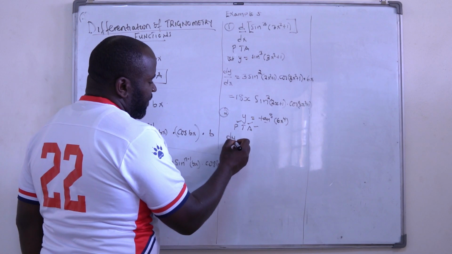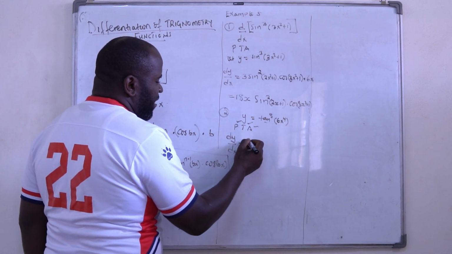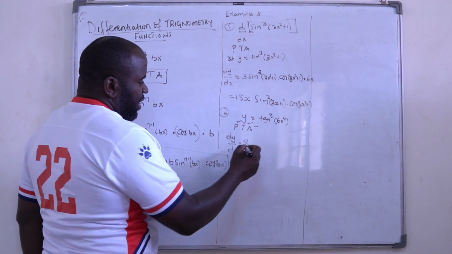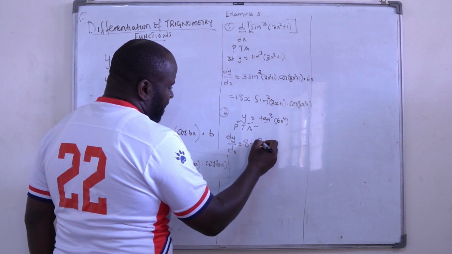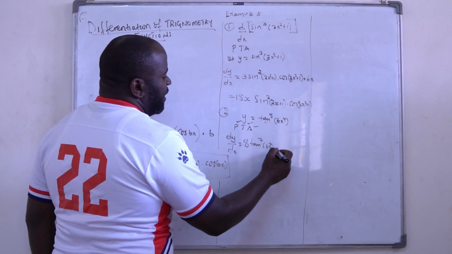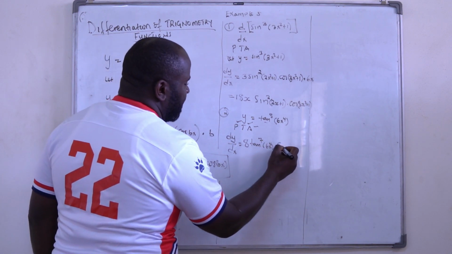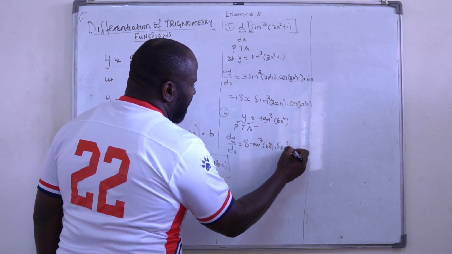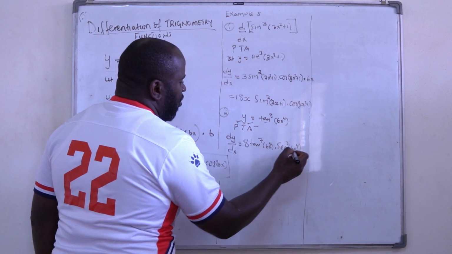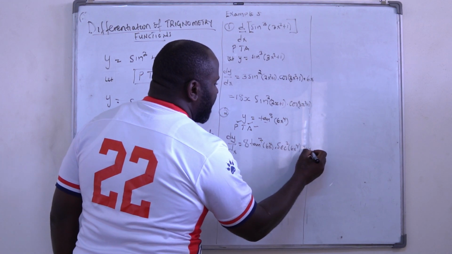So dy dx will be, first differentiate the power, you get 8. The power has reduced by 1, making it 7, of the same angle, 6x to the power 4, times differentiate the trig function. When I differentiate tan, I get sec squared of the same angle. Times differentiate the angle, you get 24x cubed.